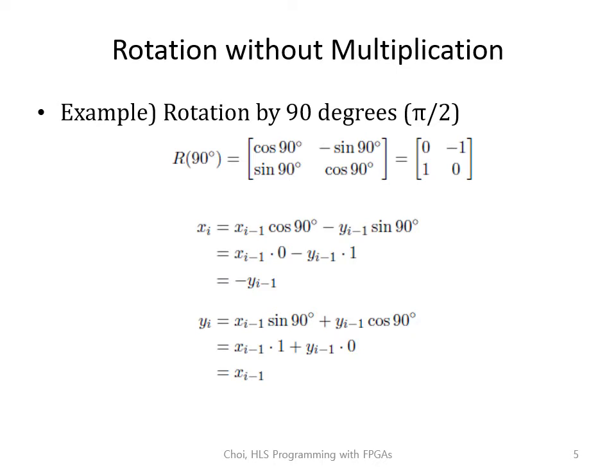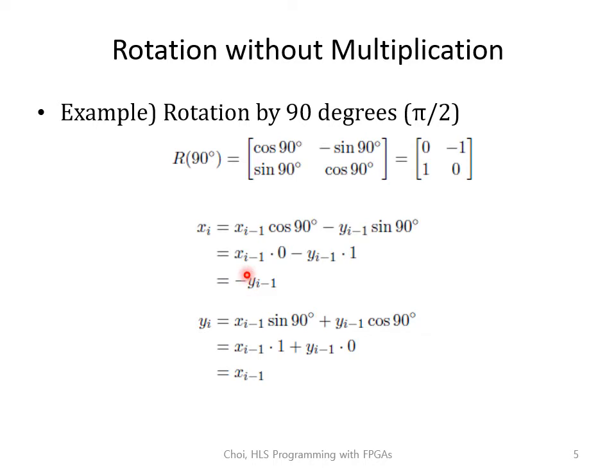Let's first consider rotation by 90 degrees. The rotation matrix is going to be 0, minus 1, 1, and 0. So the new coordinates are going to be x equals x times 0 minus y times 1, equals minus y, and y equals x times 1 plus y times 0, so just x. So at least for 90 degrees, the only thing we need to do is swap the values of the variables and negate the value of y.